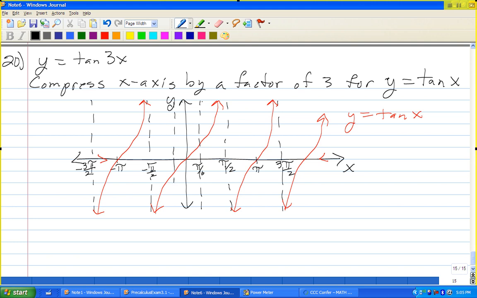It's going to really squash it. And that's minus pi over 6. I drew too big to get all. There'll be so many of these. Okay, so there's one there. And then there's another one here. That'll be pi over 3.